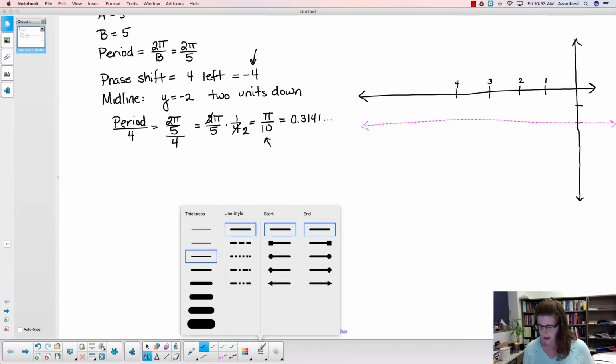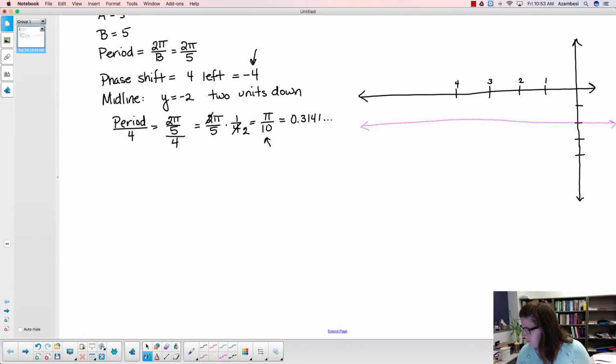And I have an amplitude of 5. So 1, 2, 3, 4, and 5. All right, so I'm going to be using pretty much that entire space. As far as the 4 is concerned, so this is where I'm going to be starting my graph.